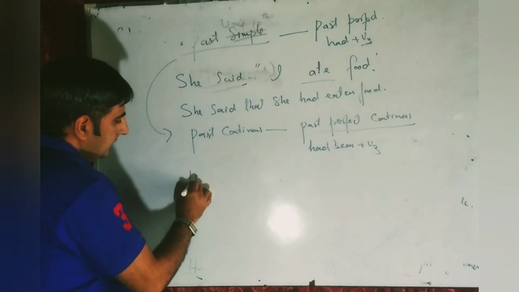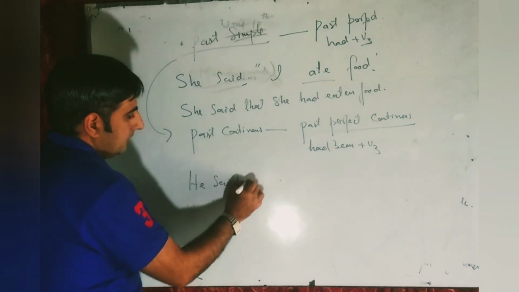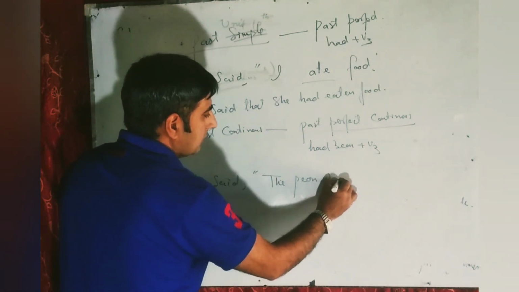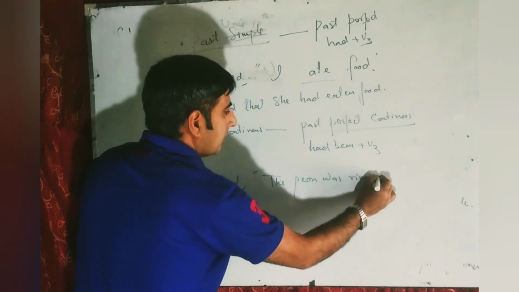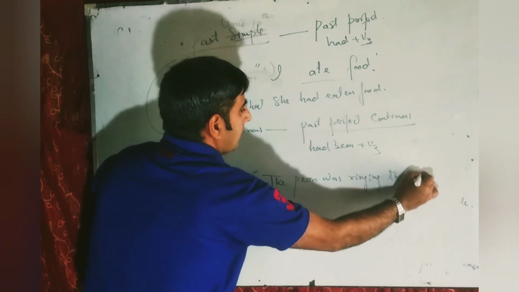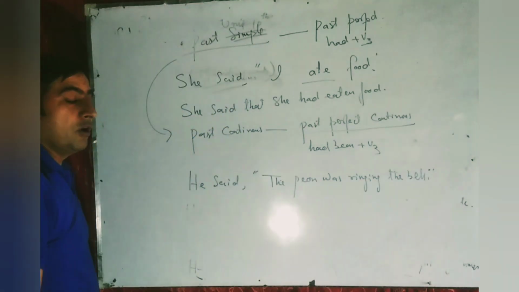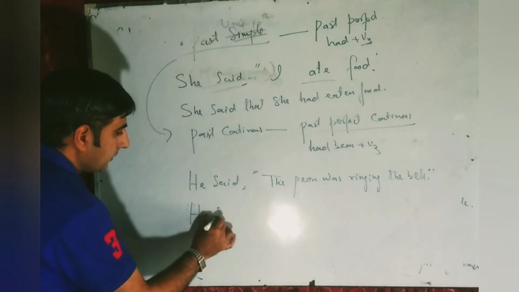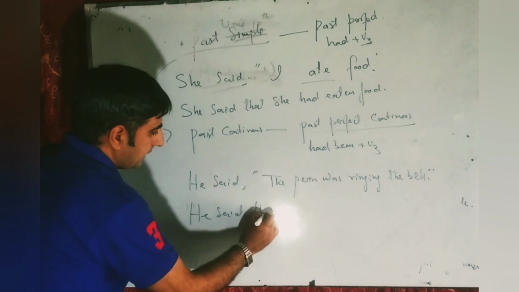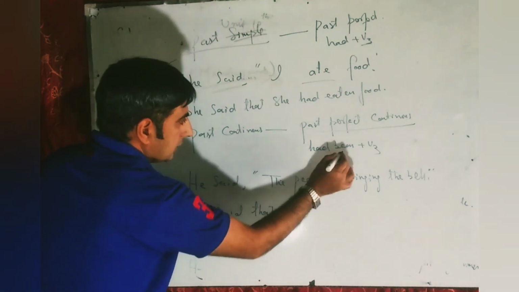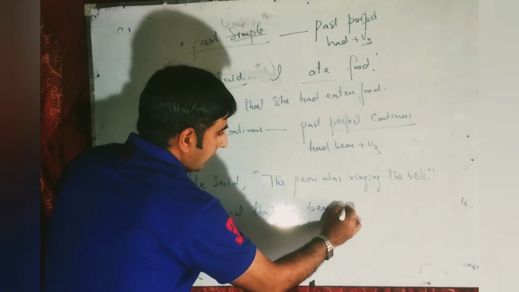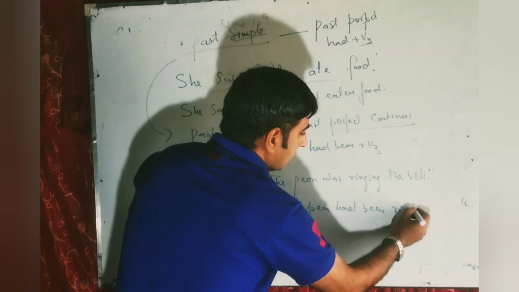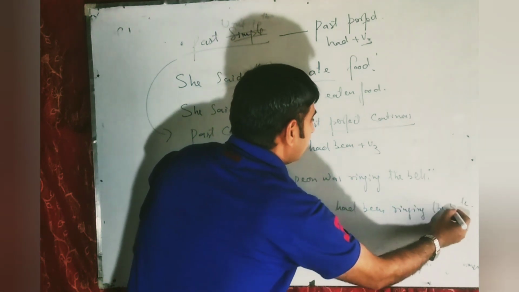So example, he said the peon was ringing the bell. The sentence is in the past continuous, so we will use the past perfect continuous. He said that the peon had been ringing the bell.